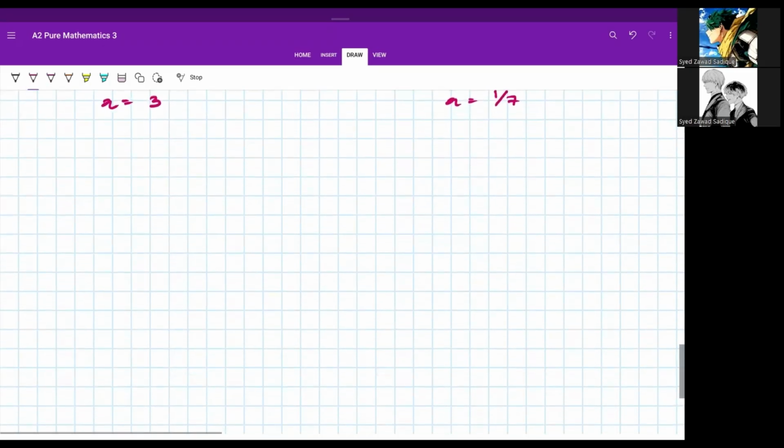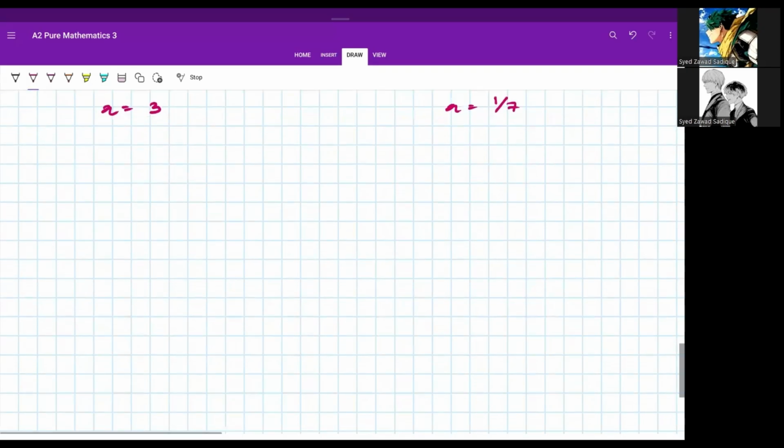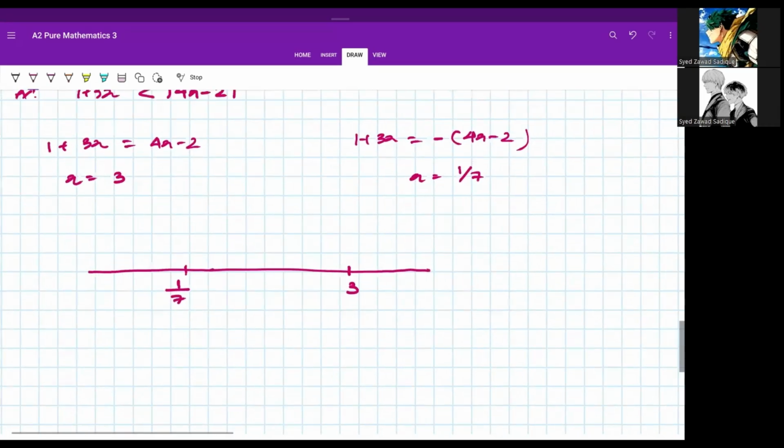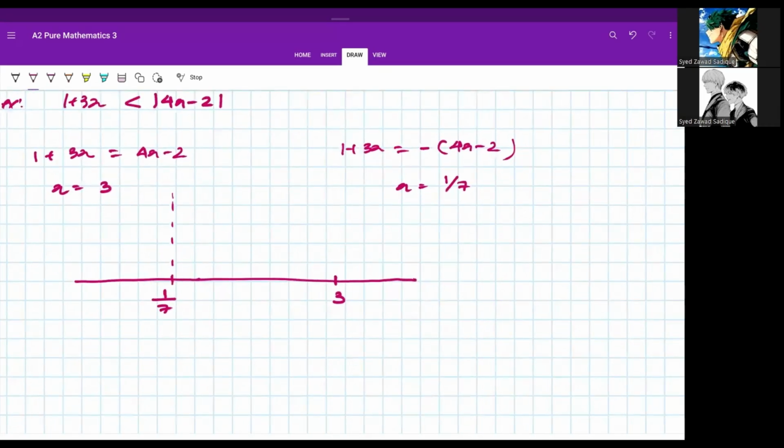Now, you should draw a line. In this line, you have to write the two values. We got the lowest value was 1 by 7. Another value was 3. Make lines.